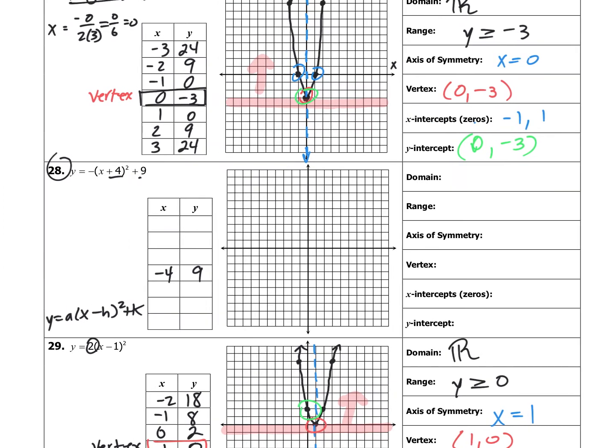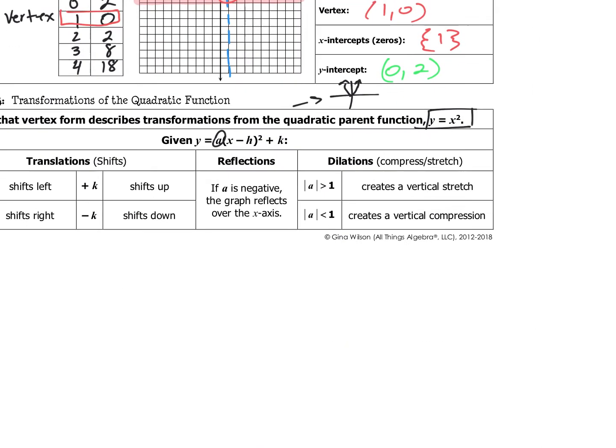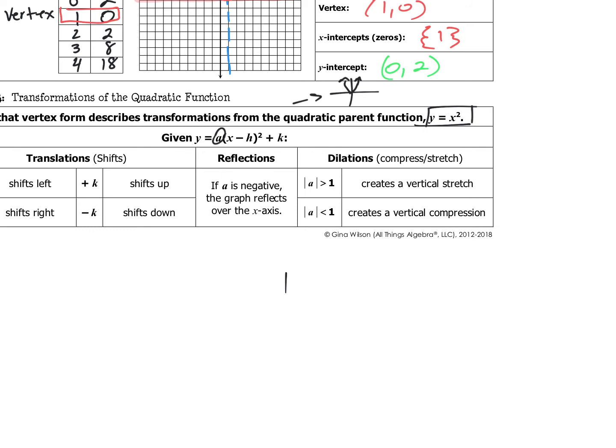So I don't see any that are compressions, but a compression, instead of it just looking like a regular quadratic, gets short and fat like that, okay? So that's when A is less than 1, but greater than 0. All right, so that's pretty much everything, except if A is negative, then the graph reflects. So instead of it opening up, it opens down, okay?